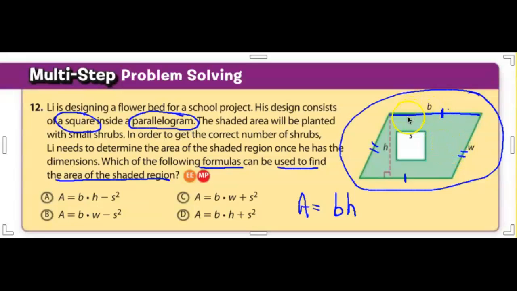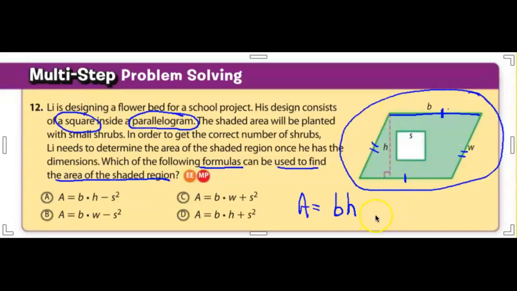Okay, so base times height, and you'll see this creates that right angle that we need for the height to have. All right, so this is the formula, and not length times width, because length would be the base, but width would be something that is the slanty line that is not the height.